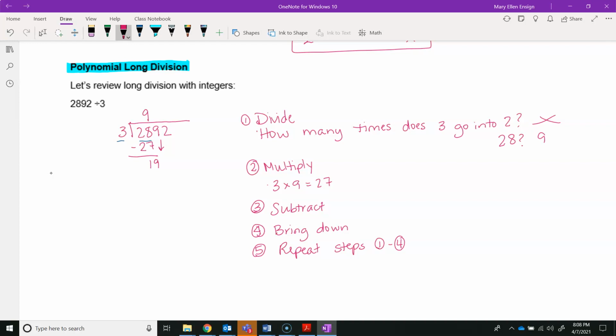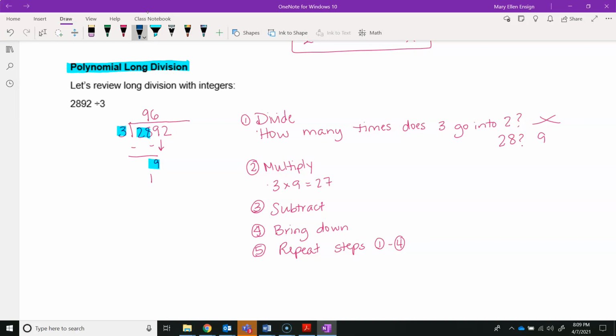So now what am I doing? Well, now I repeat that. Instead of seeing how many times 3 goes into 28, I'm seeing how many times 3 goes into 19. So 3 goes into 19 6 times. 6 times 3 is 18. Don't get confused with my little line there. Maybe I'll do highlighting instead, so it doesn't look like a division.